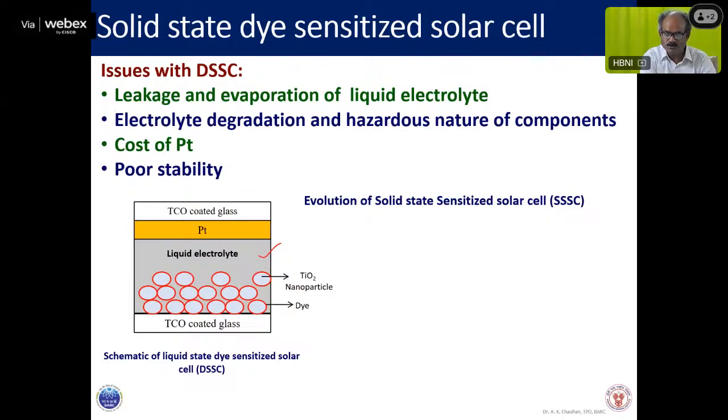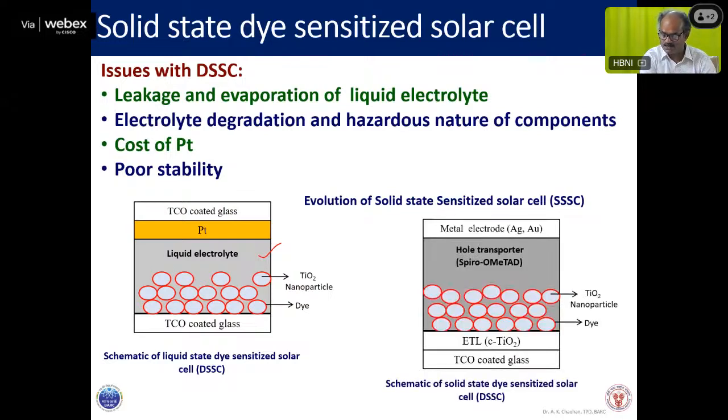So what can we do? All this leads to experiments to make a solid state dye sensitized solar cell, where a solid state hole transporting layer was used in place of the liquid electrolyte. It was almost similar: you use one ETL layer, the same FTO, then TiO2 nanoparticles and dye, and in place of the liquid electrolyte you use a hole transporting material, which is a gel kind of. It was not completely solid.